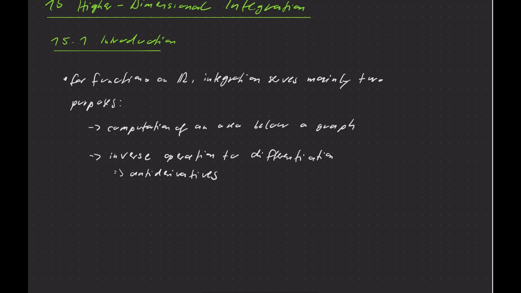Now what about integrals in the multivariate case? Of course, we can also try to compute areas and volumes below the graphs of functions, so that is obviously an important application of integration in this multidimensional setting as well.